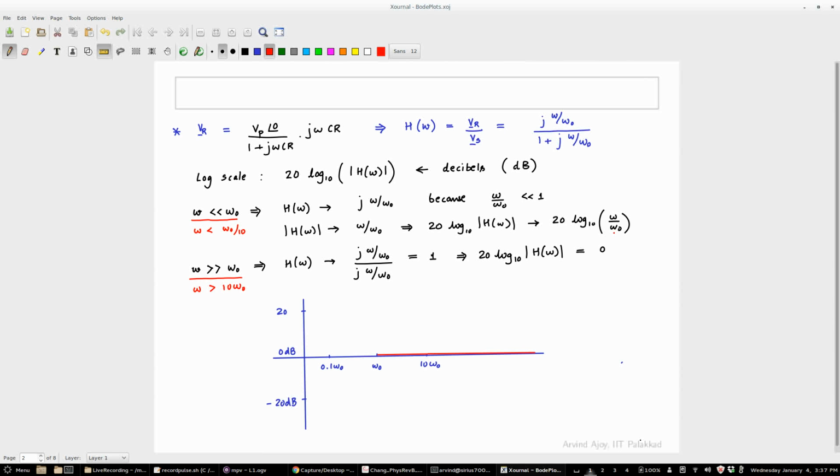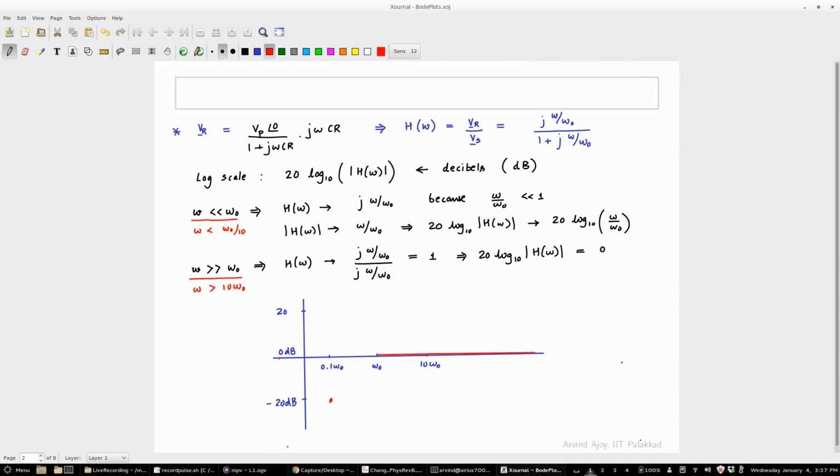Similarly, let's take the situation of omega less than omega 0, which is less than 0.1 omega 0, right? In that case, you have to plot this quantity 20 log omega by omega 0, right? What's the value of this quantity when omega equals 0.1 omega 0? 0.1 omega 0 divided by omega 0 is effectively log of 0.1, which is minus 1.